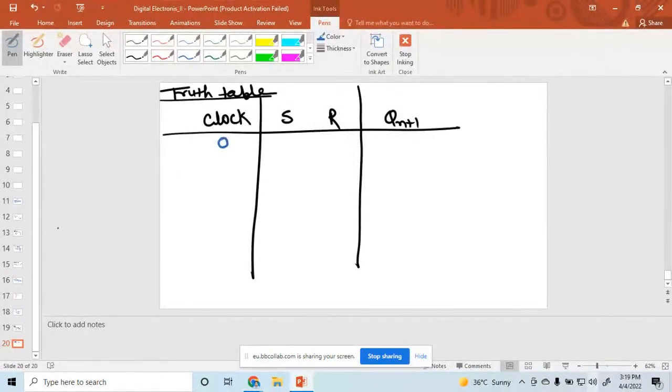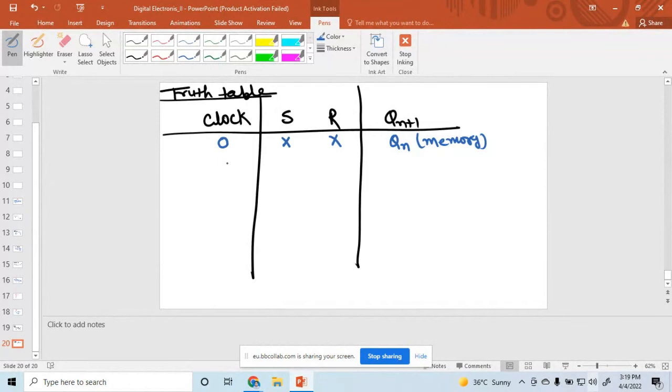When you apply the clock pulse 0, for any value of S or any value of R, the output is Qn. What is the meaning of Qn? Qn means memory. That means if initially the memory is 0, then 0, and if initially the memory is 1, then 1. So this is called memory, or previous state.